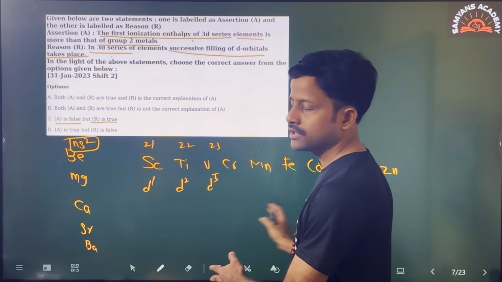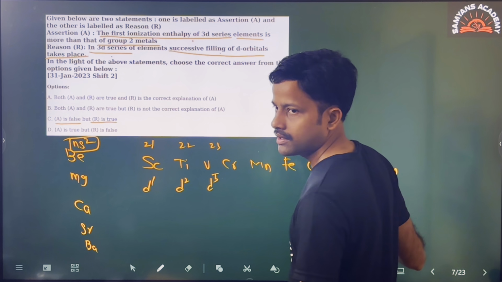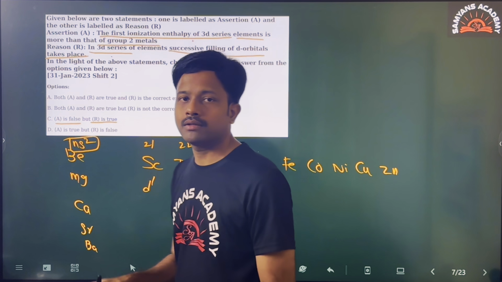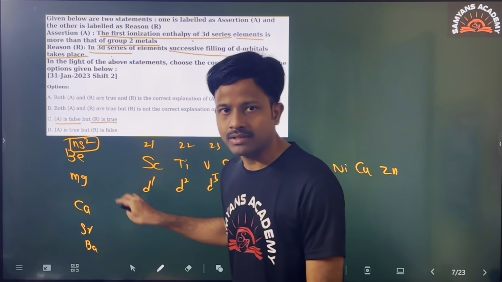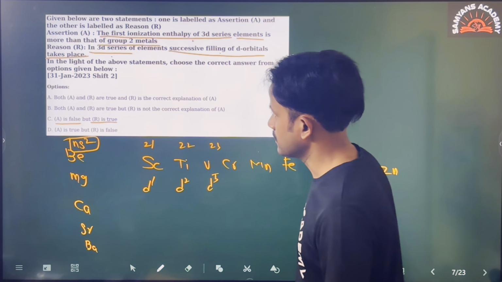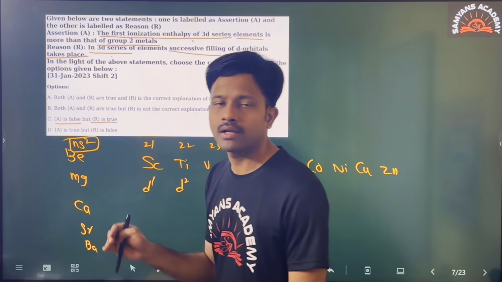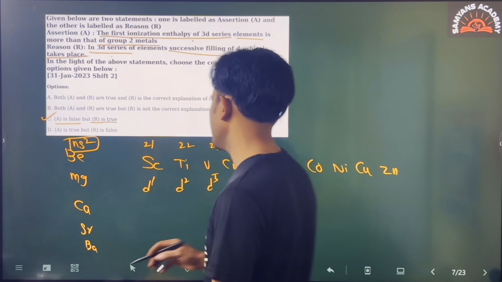Like that electrons we have to fill, d5, d6, d7, d8, d10. Like that the successive filling of d orbitals takes place in the 3d elements. This is the right statement. So assertion A is false, but reason is true, right? So you have to select the answer C here.